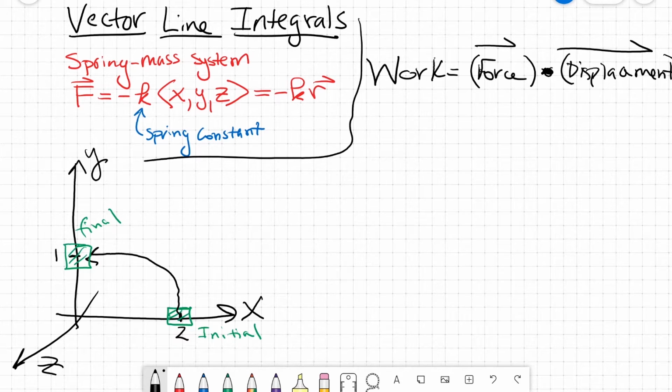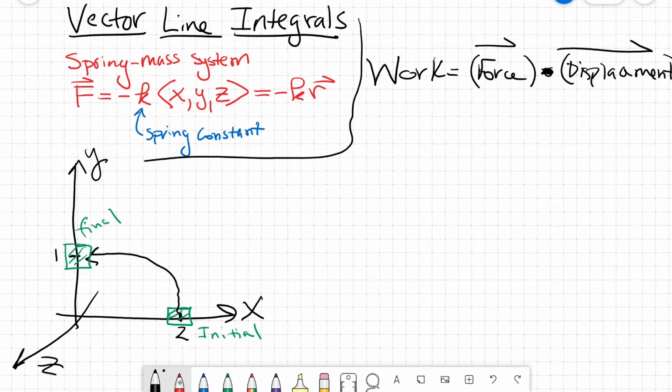Well, this trajectory is elliptical, and it's not at a constant distance away from the origin. So this r will vary in magnitude, and hence so will the force. The force is not constant along this trajectory. And the angle that it makes with the displacement is also not constant. So we can't just put any good old force vector and any simple displacement in our equation. What can we do in this situation?